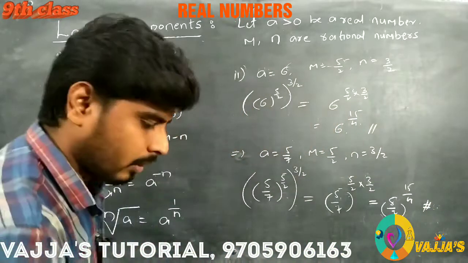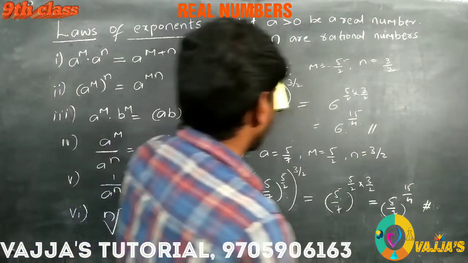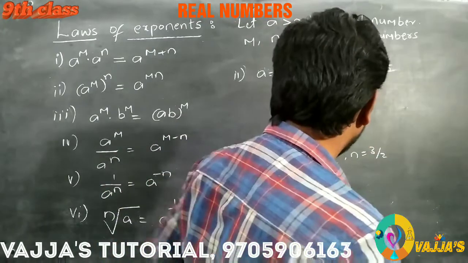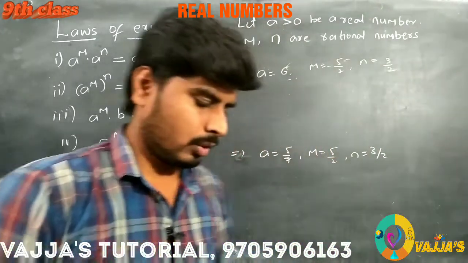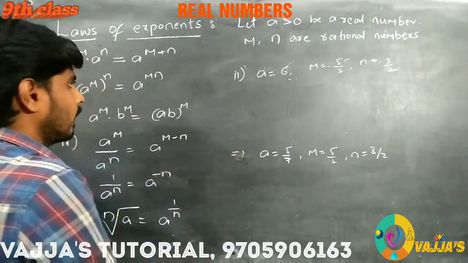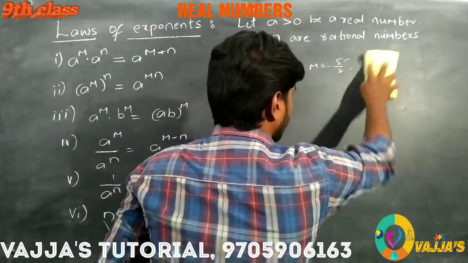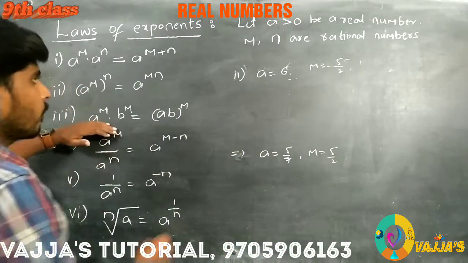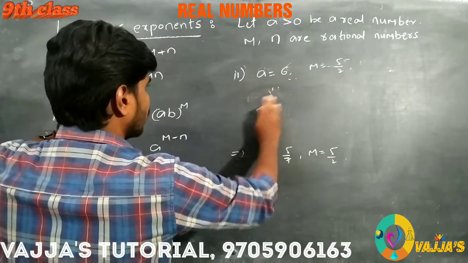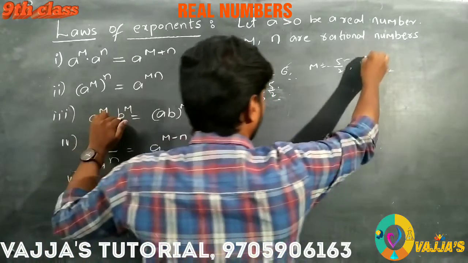Next, go for the third one. Take the same examples here. We have the same a value, and we don't need the n value because there is no n present in the third law. So 6 power 5 by 2 into, we have to take one more b value.